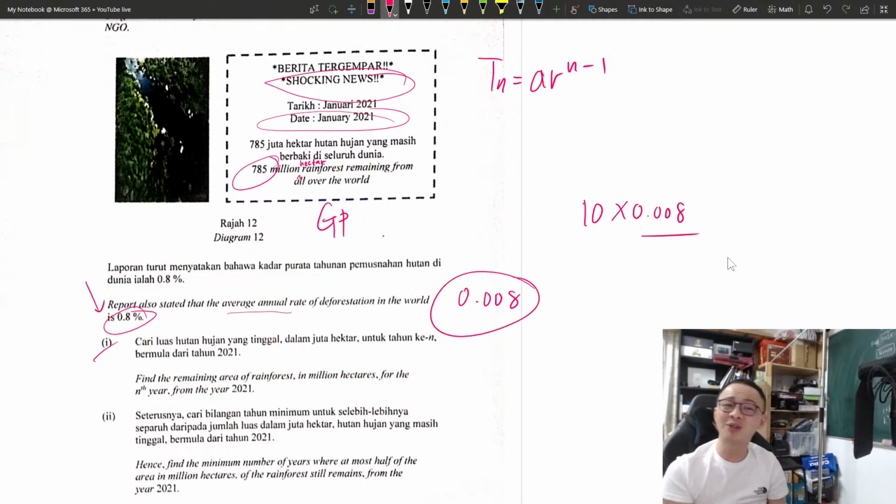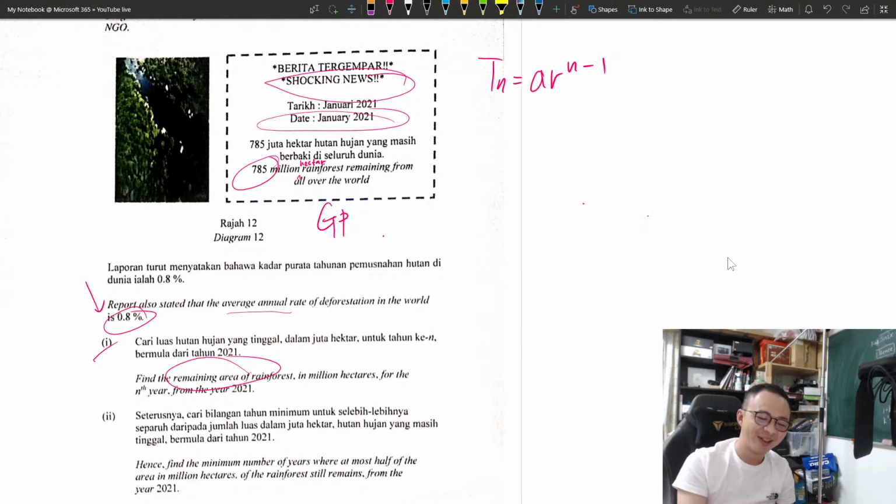If you multiply already, you only get the number of decrease, not the remaining. Because right now, what I care about is the remaining area, meaning after I deduct the 0.8%, how much area still remains there. So if you get the idea, the r is basically 100% minus 0.8%.